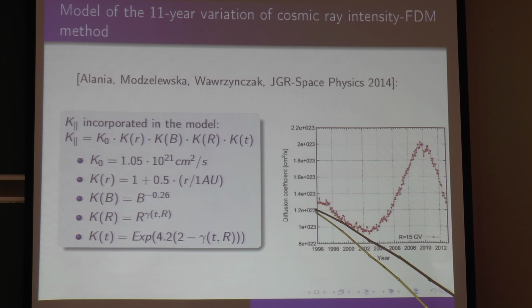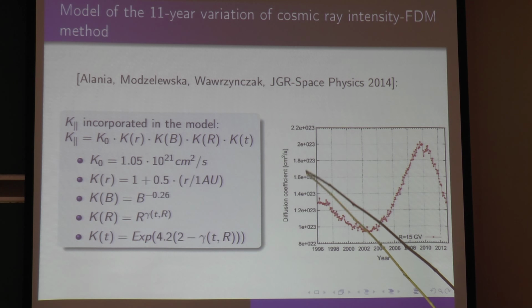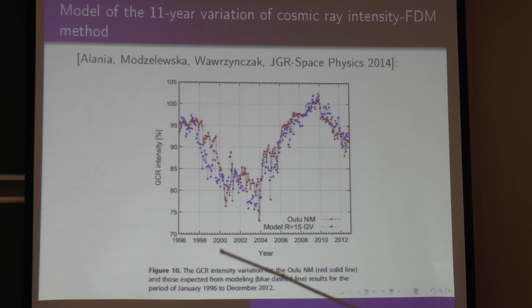And in this figure we can see a diffusion coefficient that depends in that way. And if we solve our equation, here we can see the expected cosmic ray intensity.